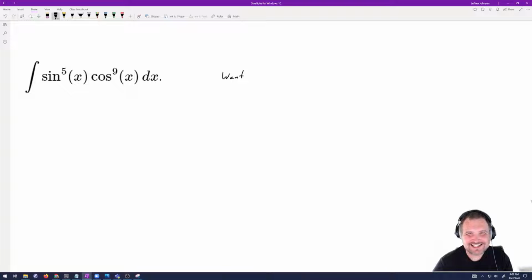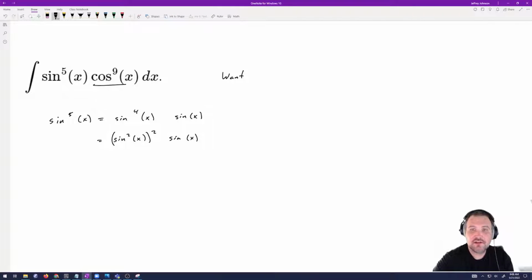In this case, we can see that the power on the sine is odd, so what we want to do is peel off all but one of the sines. We can write sine to the fifth power of x as sine to the fourth power of x times sine of x. Then sine to the fourth power of x is just sine squared, squared, and we want to use the Pythagorean identity to change those to cosines, because that's what everything else is in the integrand.